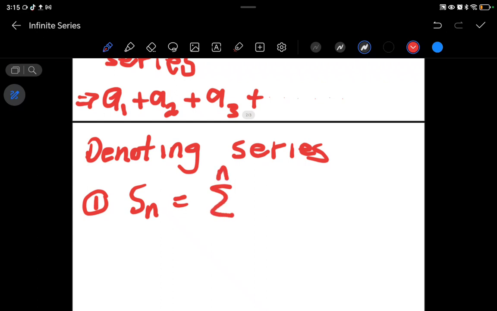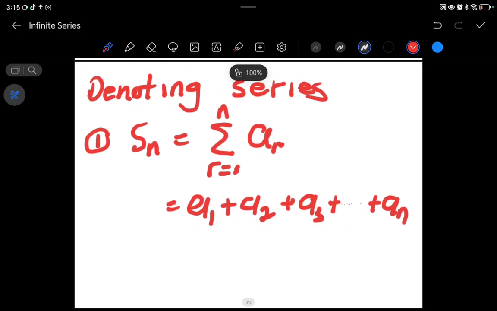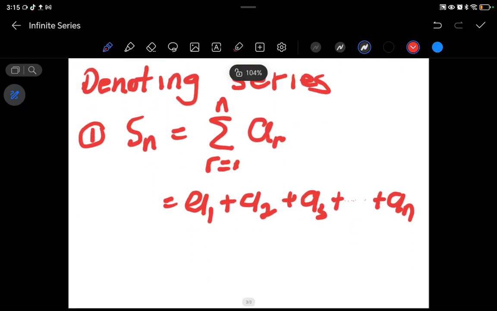Now we're denoting the finite series, right? We have S of n, the sum from R equals 1 to n of A of R, and this would be A of 1 plus A of 2 plus A of 3 plus up to A of n. So we call this Sn.